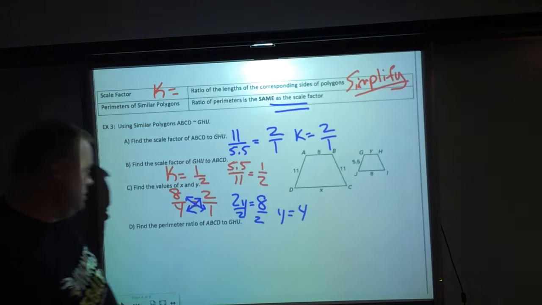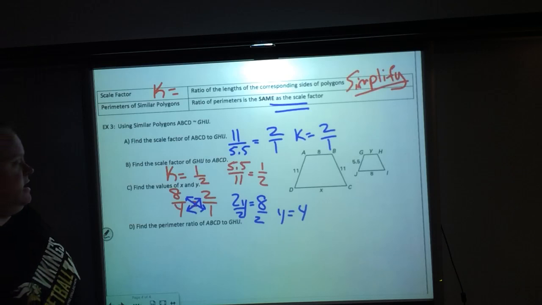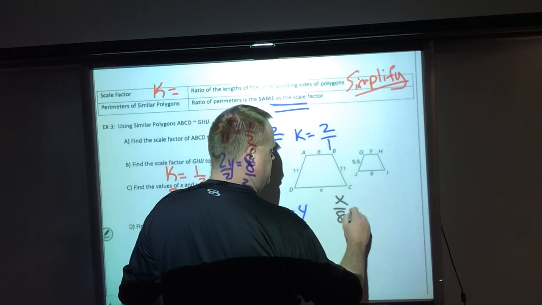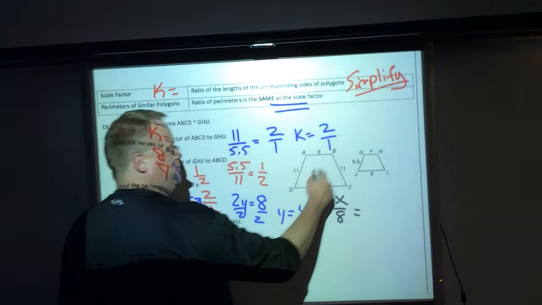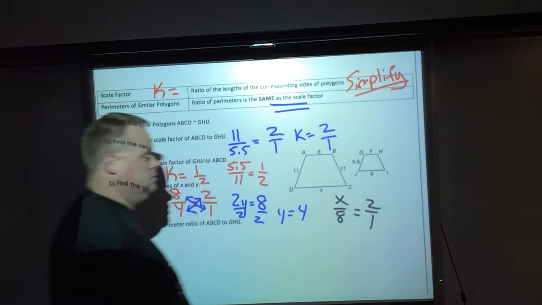Now, let's find the value of x. Well, I'm going to use the same idea. I'm going to have x over 8, and since I'm going from here to here, I'm still going to use 2 over 1.